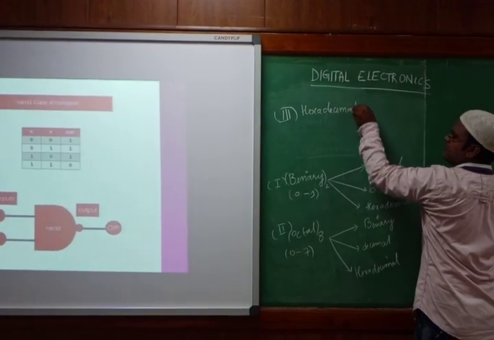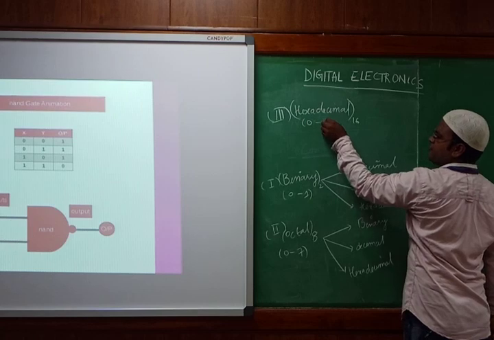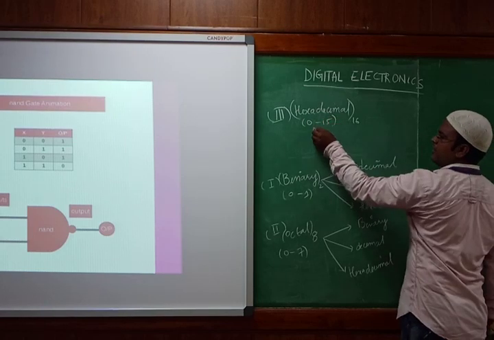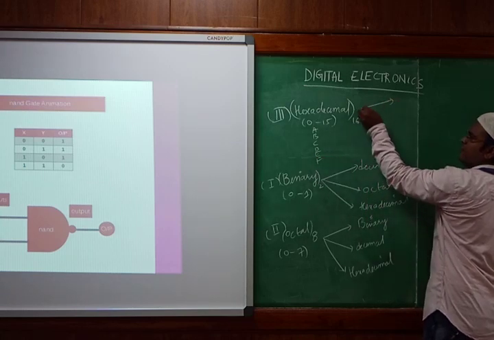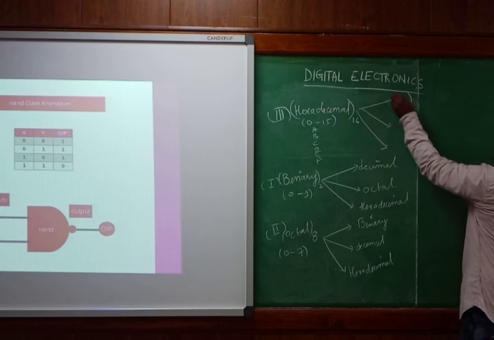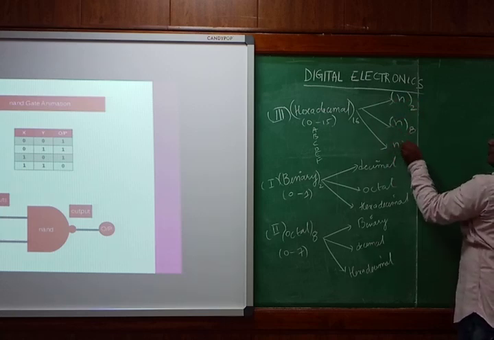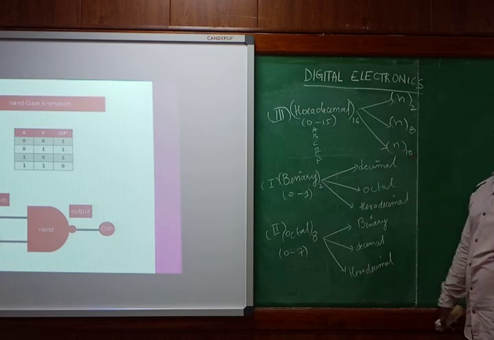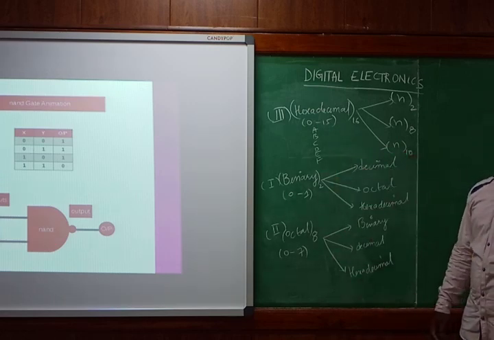We'll take a hexadecimal number. The base has to be 16 and the range from 0 to 15, that means including A, B, C, D, E and F. That will be converted into all these categories: binary with base 2, octal with base 8, decimal with base 10. These conversions we will see in the next class.